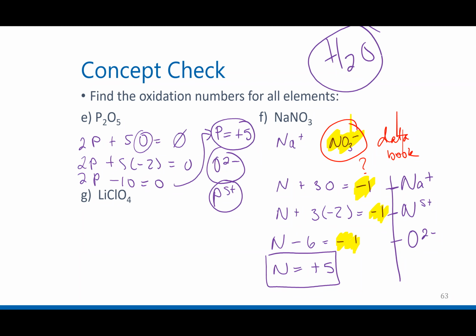It's a neutral compound. So 2 hydrogens plus 1 oxygen would equal 0. If I gave you N2H6, 2 nitrogens plus 6 hydrogens would equal 0. There's no charge. If I give you a chemical that doesn't have a charge, it must equal 0.